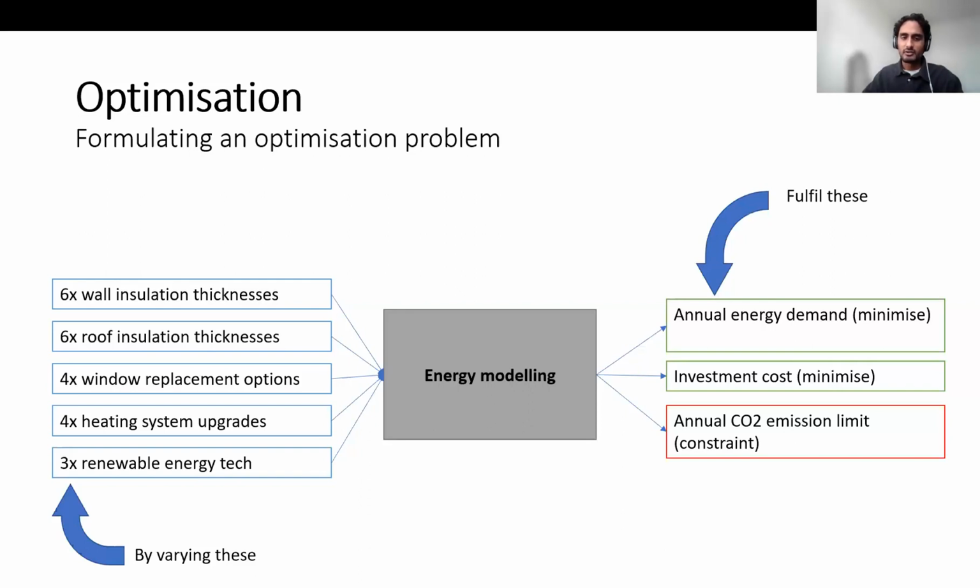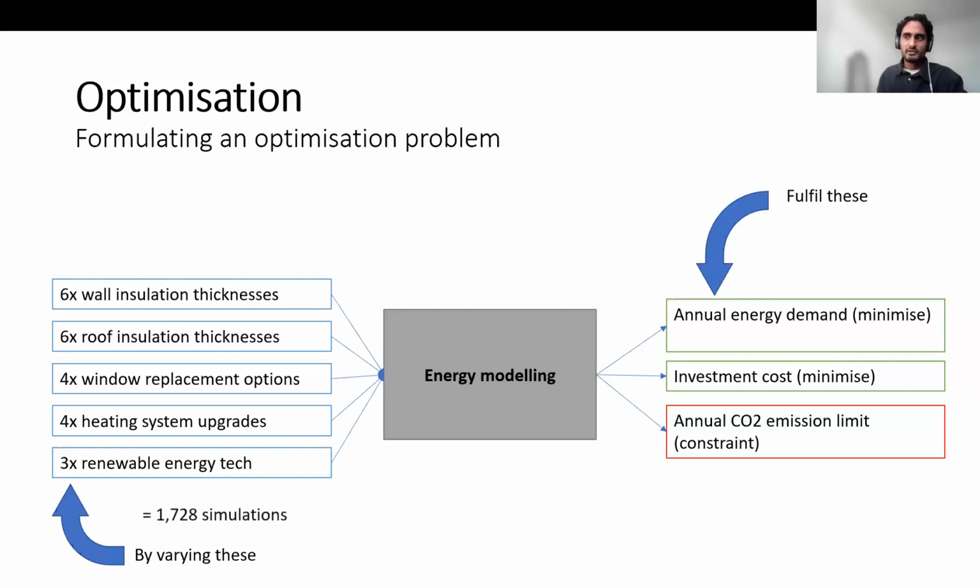Here I've just gone, for example, with annual energy demand and investment cost, both of which we'd want to minimize. And you might also want to place a constraint or a limit on the CO2 emissions. So this is an optimization problem in that on the right-hand side, we want to fulfill these criteria, which we call optimization objectives and constraints, by varying the things on the left, which we call the optimization parameters.